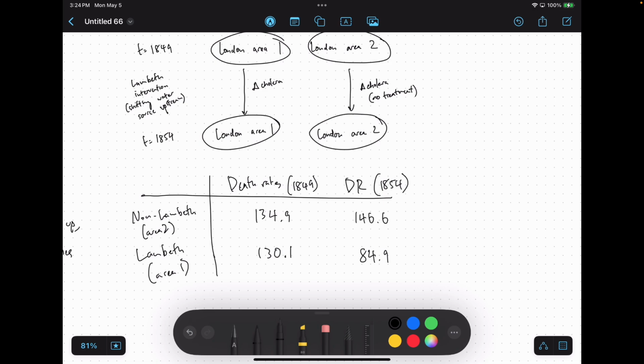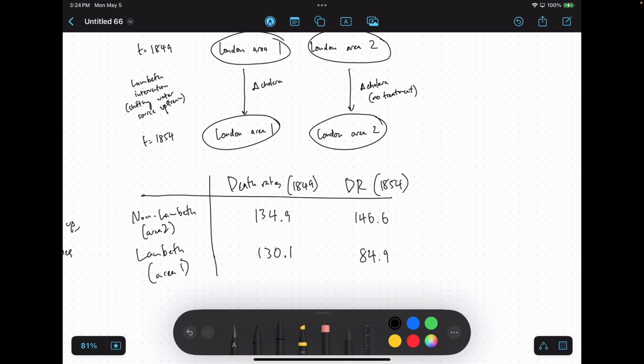So if this parallel trends assumption is happening, then the expectation would be that this number should increase over time absent the treatment, right? And so in this case, this area goes from 134.9 up to 146.6.